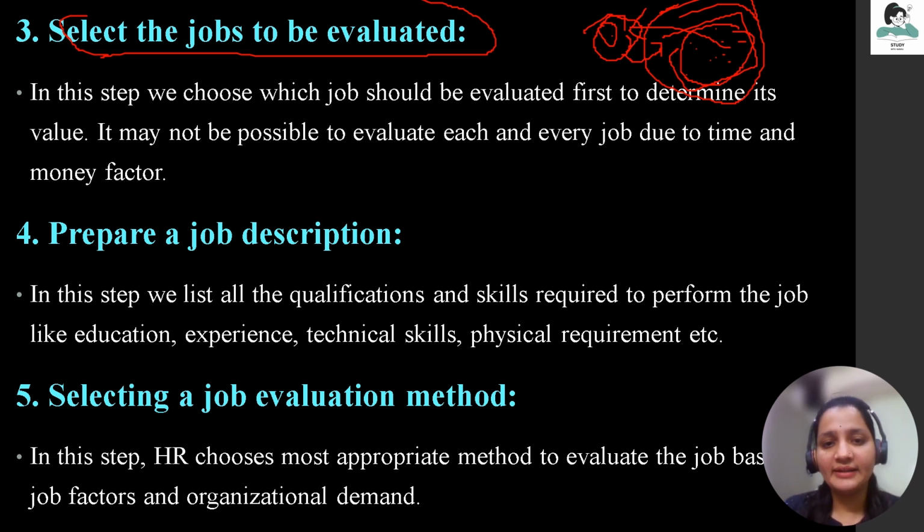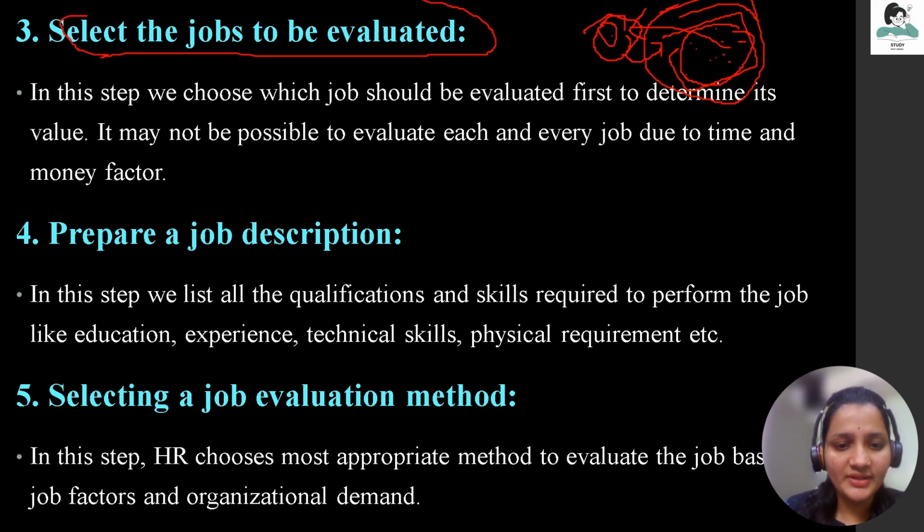So here we select the job to be evaluated. We don't evaluate all the jobs with similar characteristics. We take one and it acts as the representative one. Got it?